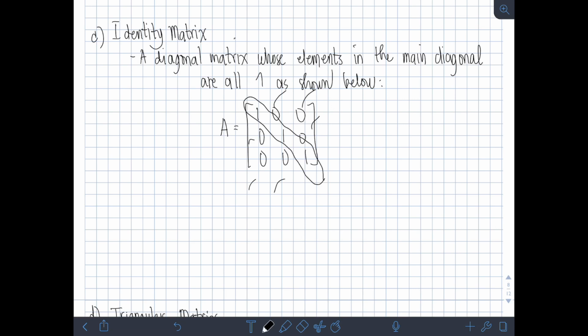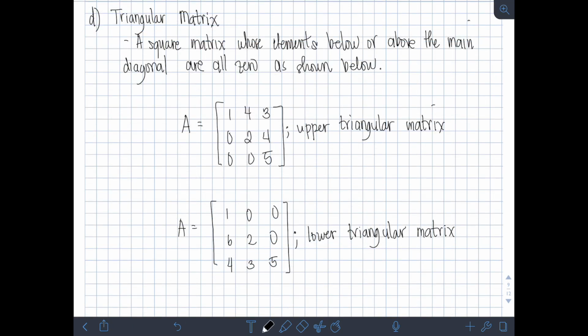But this time, para maging identity siya, dapat 1 yung mga elements ng diagonal. Okay? Next, we have the triangular matrix. A square matrix whose elements below or above the main diagonal are all 0 as shown below. Okay, so triangular matrix, meaning dapat square matrix din siya kung saan either yung mga elements below or above the main diagonal are 0.